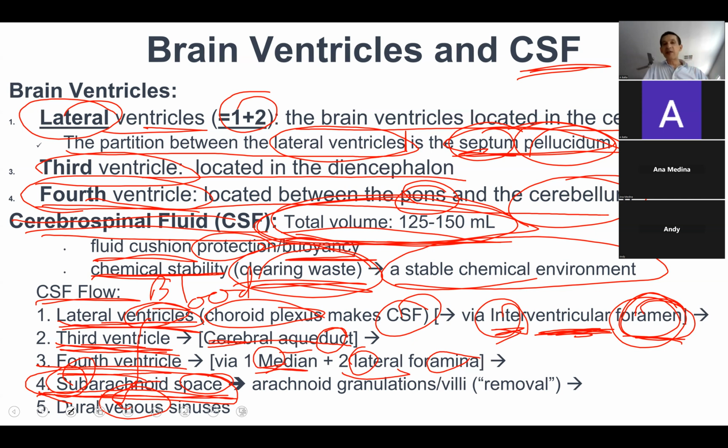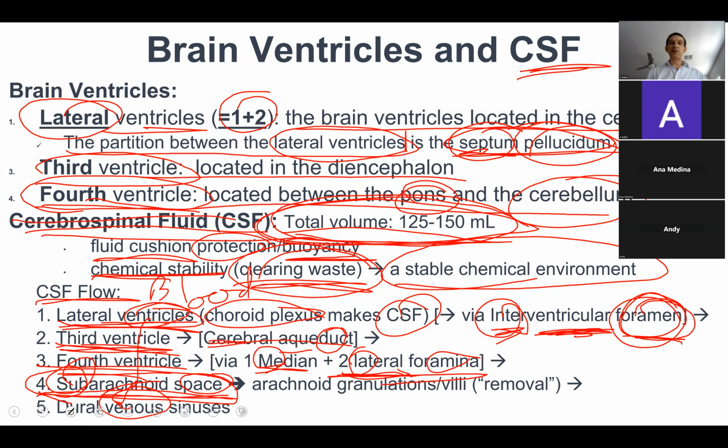The fourth ventricle has one hole, one foramen, smack in the middle. It also has a name, foramen of Magendie, and there are also two holes on the sides, and so we call them lateral.